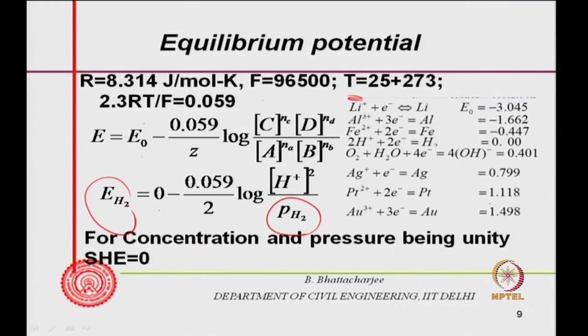I just want to make one point. For example, lithium is negative, but if you come to gold, Au stands for gold, it is 1.498 positive, silver is positive, platinum is positive. As long as it is negative, the reaction will occur spontaneously, but if it is positive, it will not.